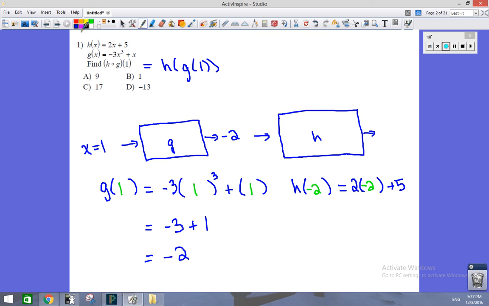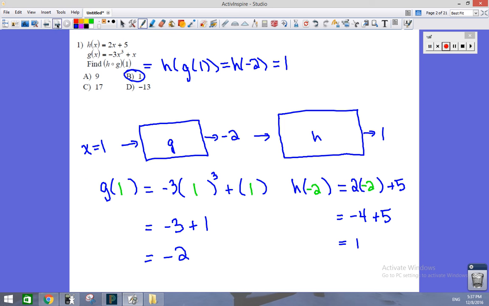When I double -2, I get -4. When I add 5 to that, I get +1. So this intermediate value, g evaluated at 1, was equal to -2. H evaluated at -2 had an output of 1, and there's our answer for problem number 1.